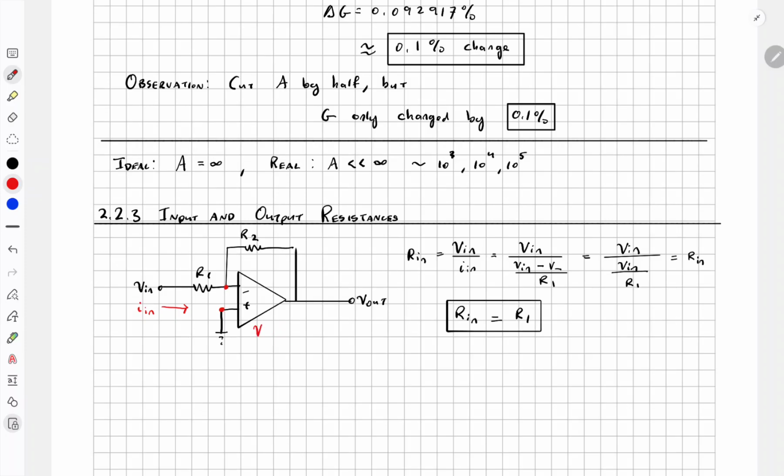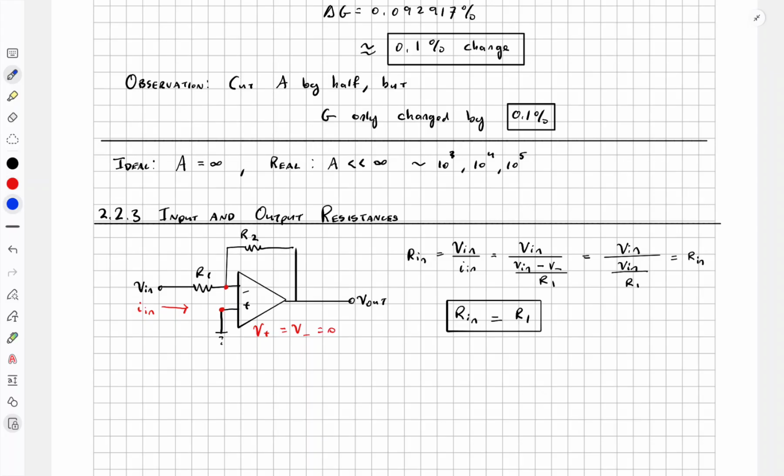And again, we pretend this is an ideal op-amp. From now on, even though this is a real op-amp, we're treating it as if it is an ideal op-amp, because the impact of not having infinite open loop gain is very negligible.